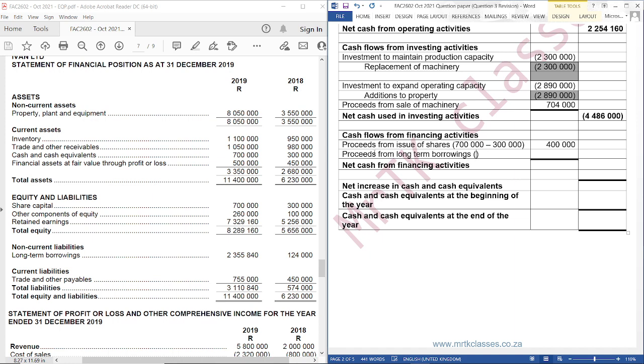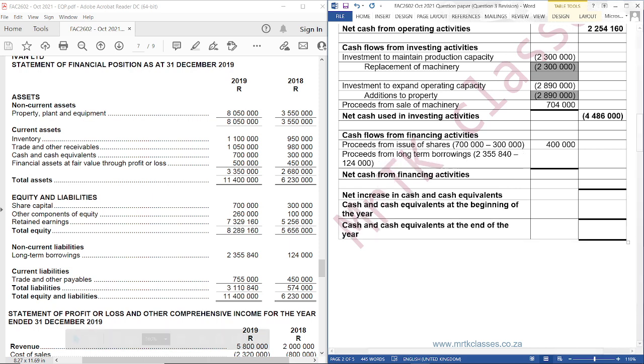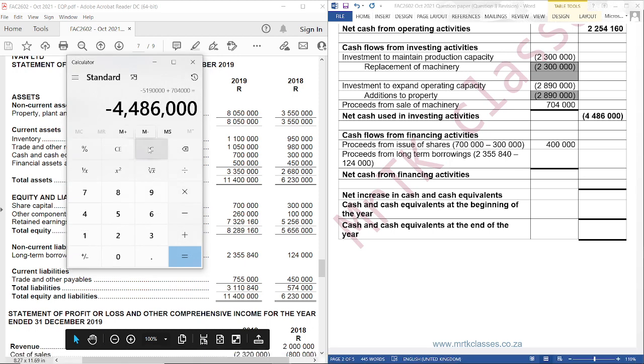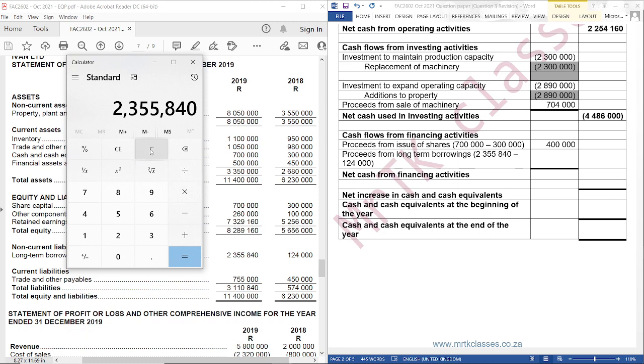So how much was received? 2,355,840 subtract 124,000. 2,231,840, right?